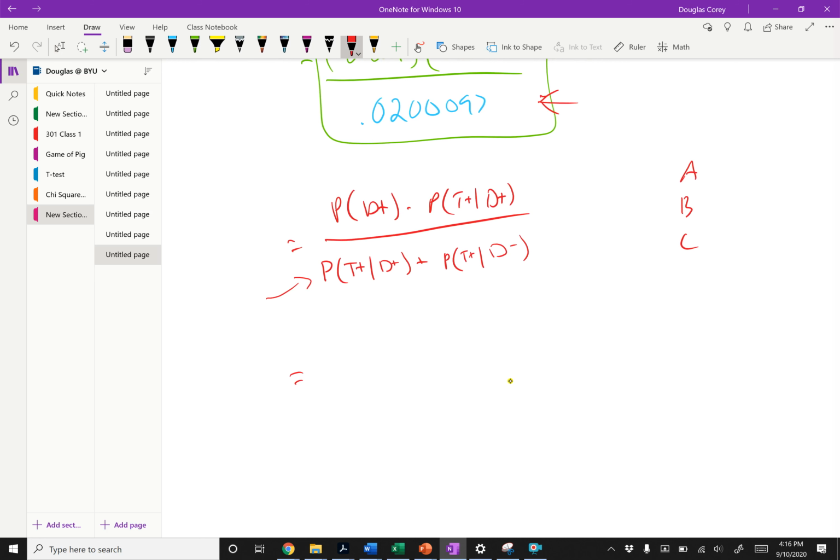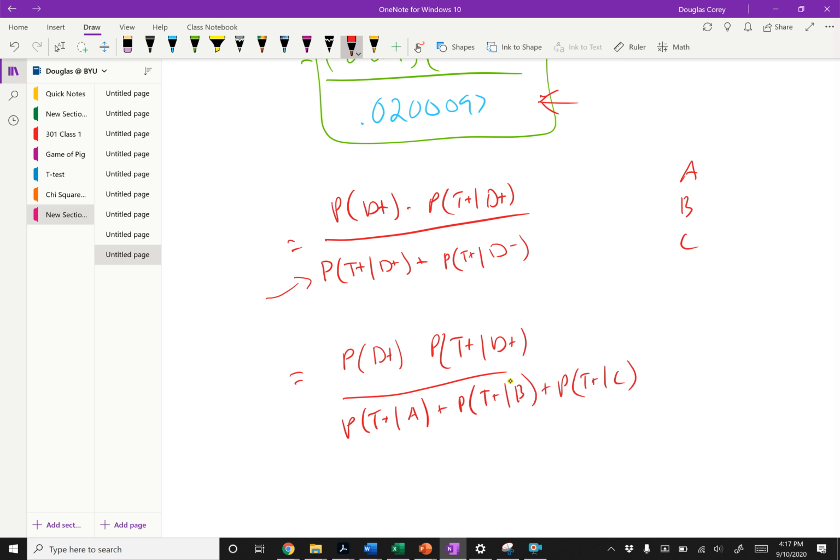Then you could generalize that: the probability of A times the probability of T plus given A, over the probability of T plus given A, plus the probability of testing positive given that you're in the B situation, and the probability of testing positive given you're in the C situation.